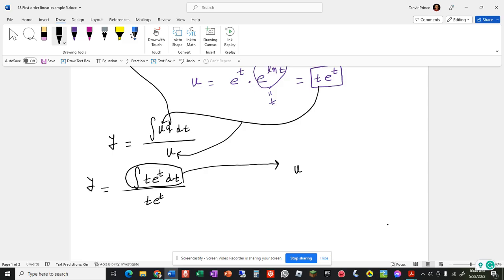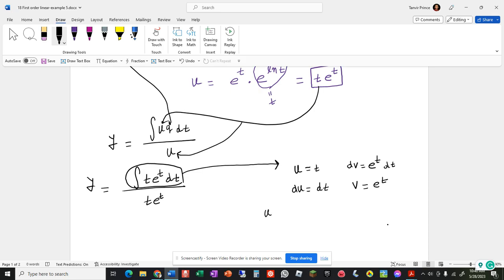So this is a completely different u, a temporary u just for that integral. So u here is t, dv is e to the t dt. So let's continue with the process. du is the derivative of t, which is 1, so 1 dt. v is the integral of e to the t, which is e to the t.